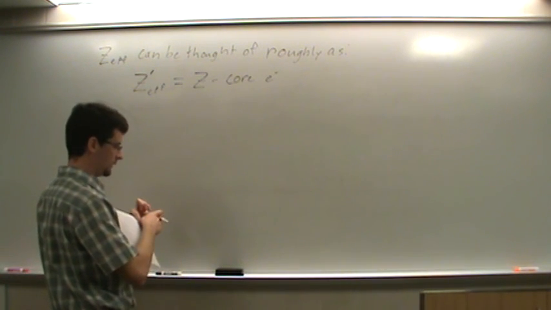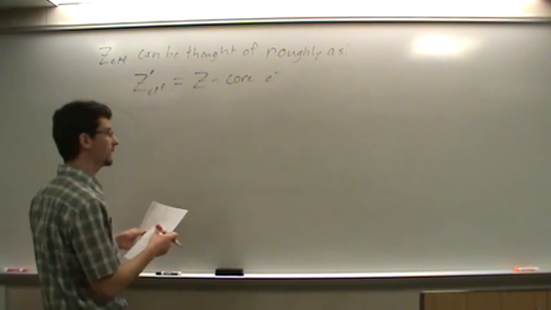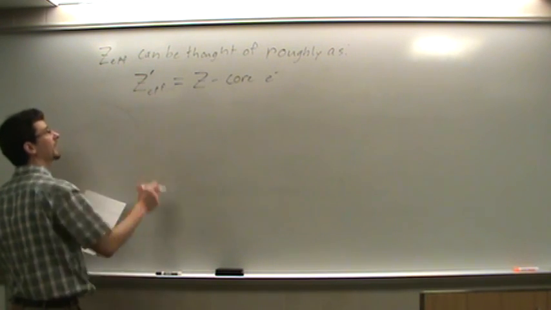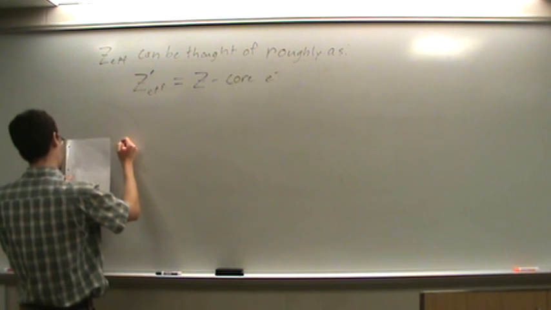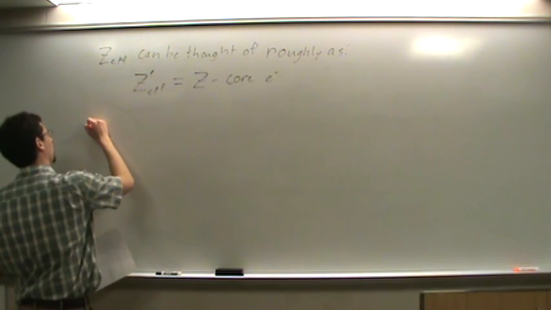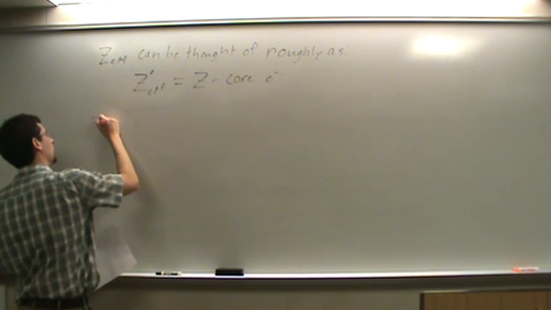So now what we're going to do, we're going to calculate the effective nuclear charge, or the approximate effective nuclear charge, Z effective prime, for an orbital in a fluorine atom.